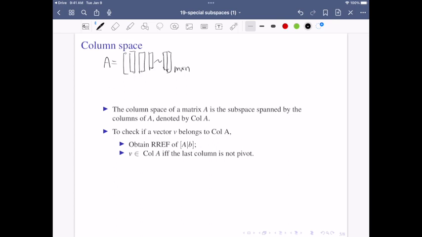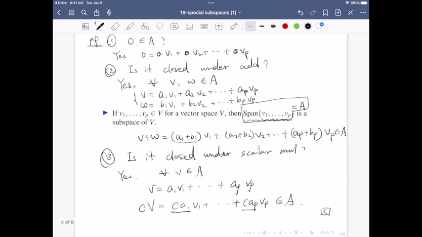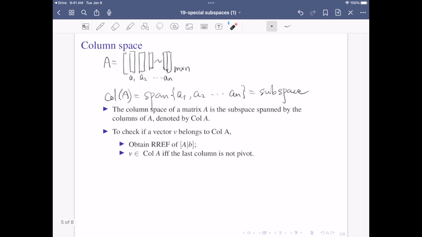We can denote the first column by a1, a2, all the way to an. Then the column space of A is the span of a1, a2, ..., an. And this is a subspace because we already proved that the span of some vectors gives a subspace.